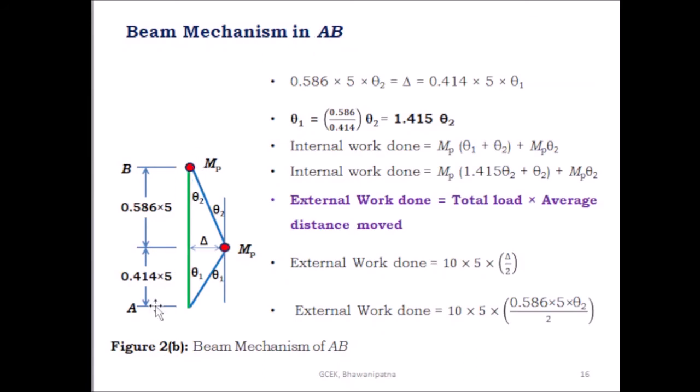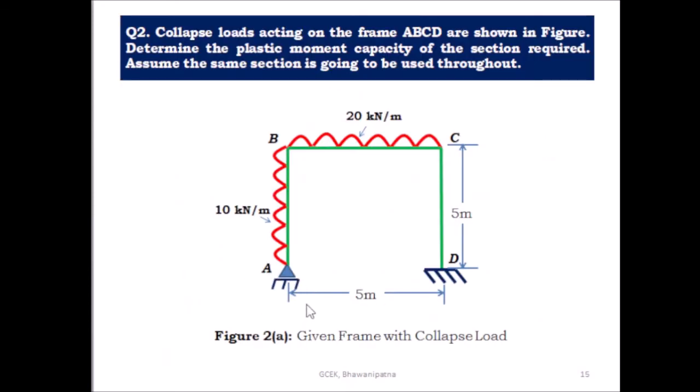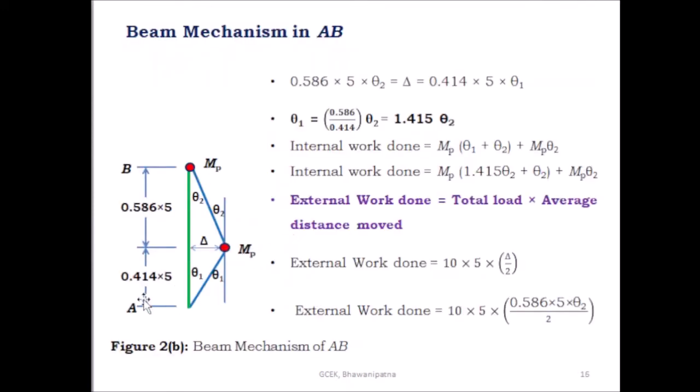This is AB, this is A, this is B. Due to the hinge support at A, there is no plastic hinge there, only a mechanical hinge. The plastic hinge will be found at B, and another plastic hinge is found at a distance 0.414 L from the hinge support A, because there you will get the maximum bending moment.